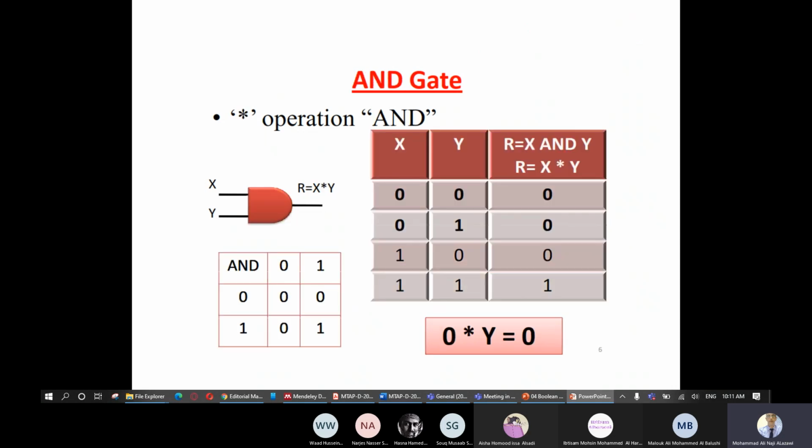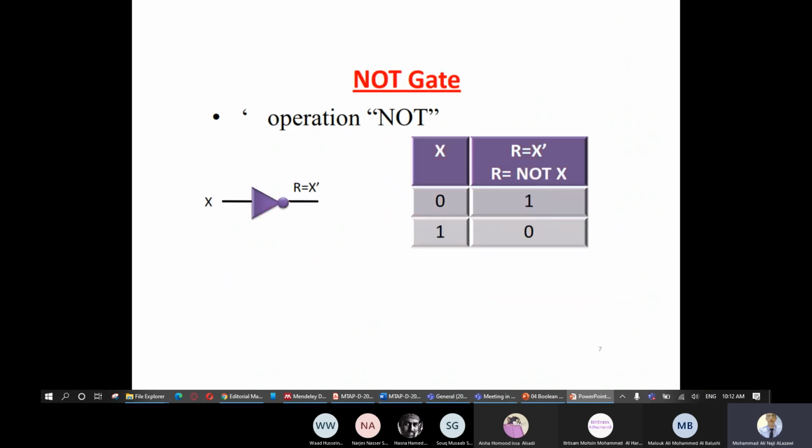The AND gate is the opposite, and again we sometimes use a dot. It's very much similar to multiplication, because 0 and 0 equals 0, 0 and 1 equals 0, 1 and 0 equals 0, and 1 and 1 equals 1. So the output is 1 only when all the inputs are 1.